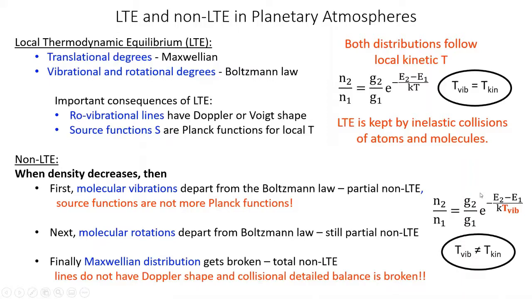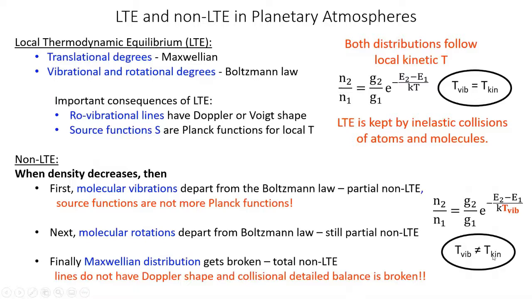Therefore, molecular vibrations are the first to depart from the Boltzmann law, and source functions are no longer Planck functions. So here, these n's, which define the vibrational population distribution of a molecule, have their own unique vibrational temperature, which describes its distribution, and it's no longer equal to the kinetic temperature.